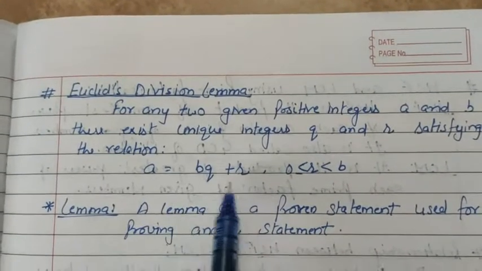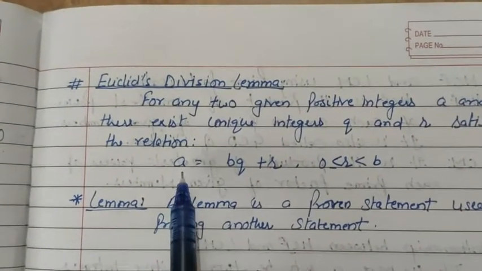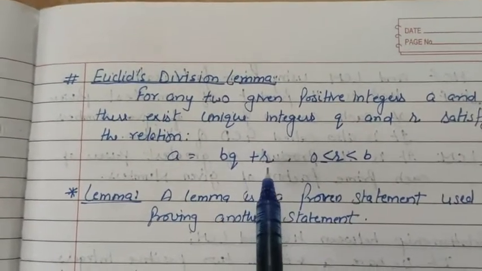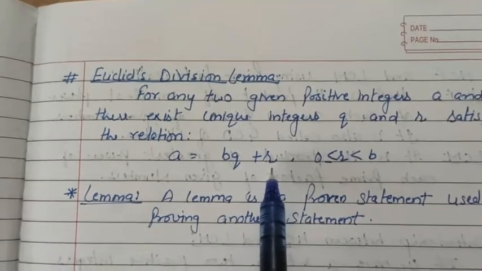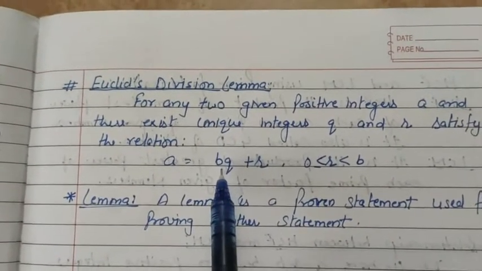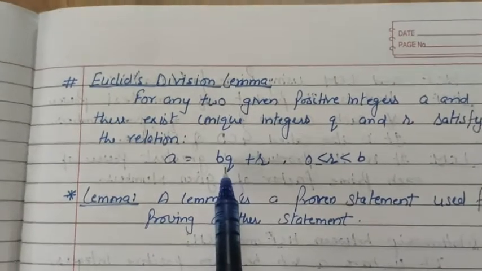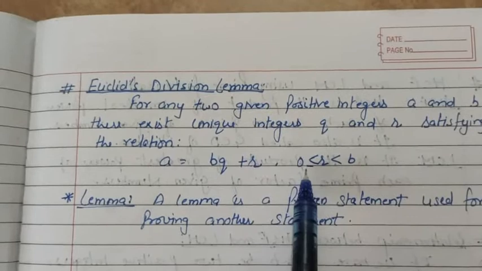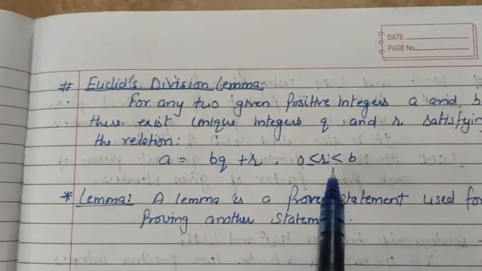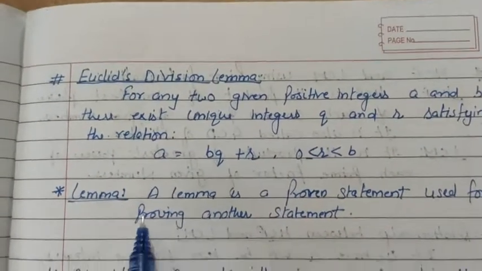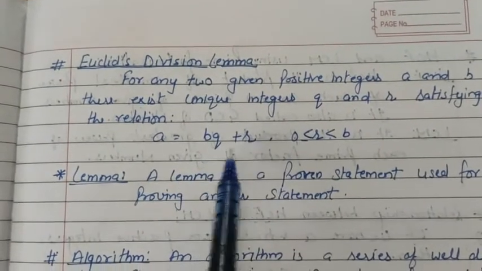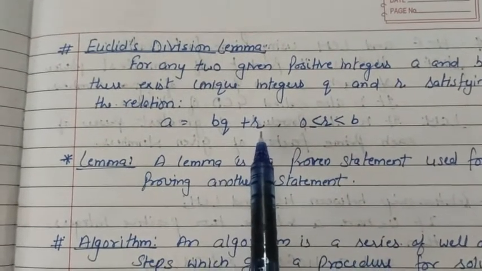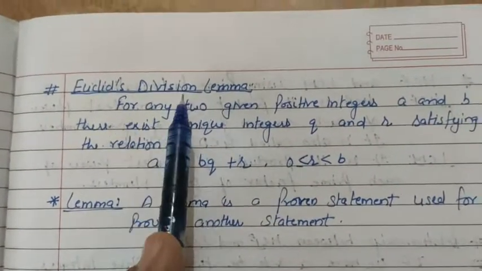You have already studied this type of relation in your previous classes, where a is considered as dividend, b is divisor, q is quotient and r is remainder. You must know that the divisor is always greater than the remainder. So this is called Euclid's division lemma.